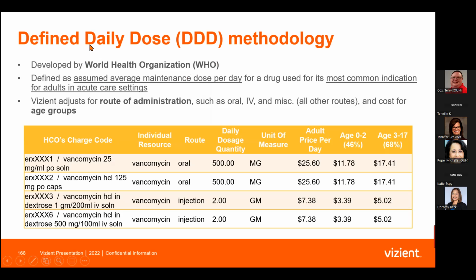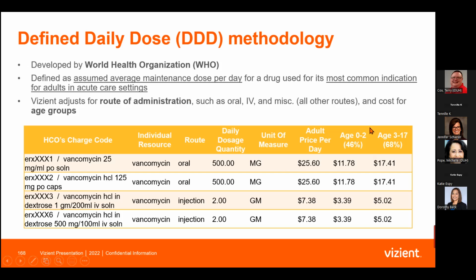And DDD is defined as assumed average maintenance dose per day for a drug used for its most common indication for adults in acute care settings. So what we do, we put it to the next level by adding adjustments such as the route of administration, so oral versus IV, and then the cost for age groups. We make adjustments to that.